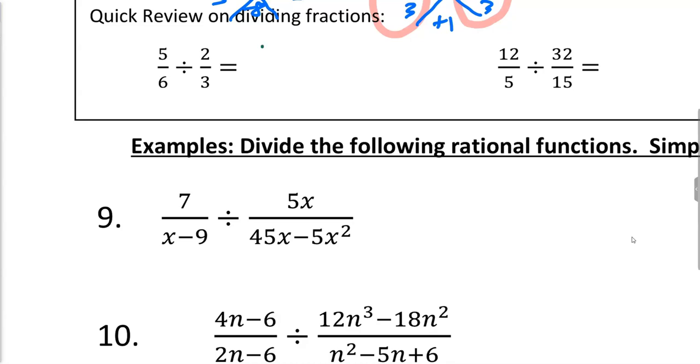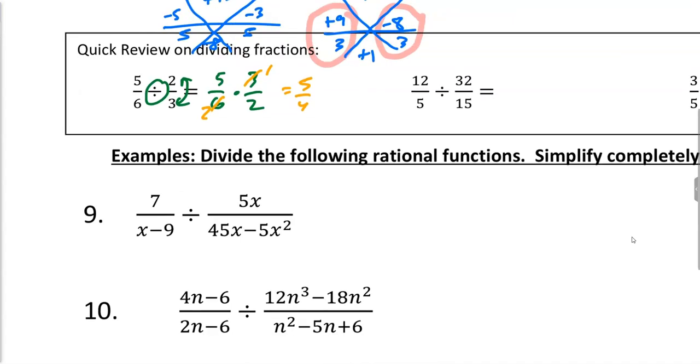So guys, look, remember, you change that, you flip that, right? And then you do the same thing we were already doing. Make sense? Keep, change, flip.